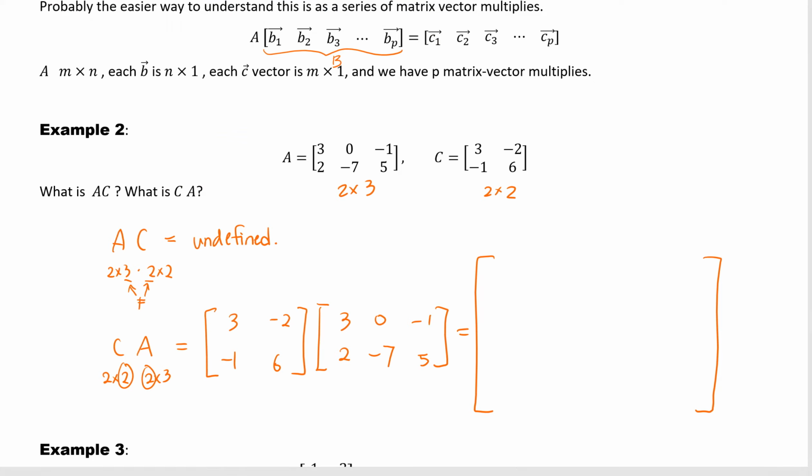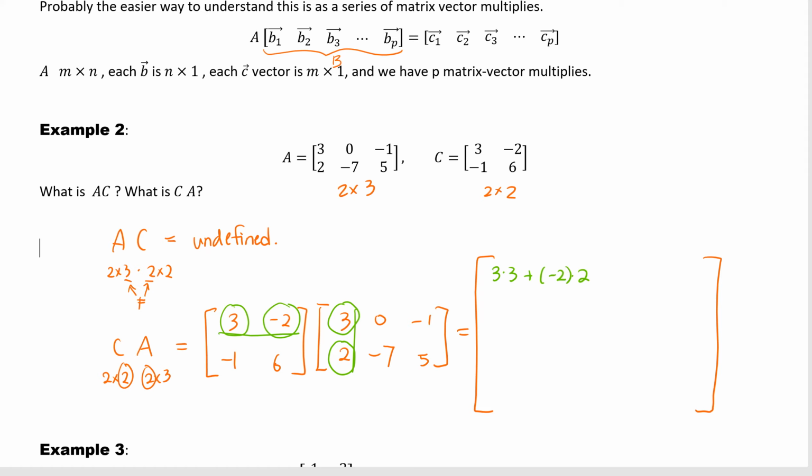Okay, so for the 1, 1 entry, we use the first row of C multiplied by the first column of A. Okay, so you can see it's gonna be 3 times 3 plus minus 2 times 2.